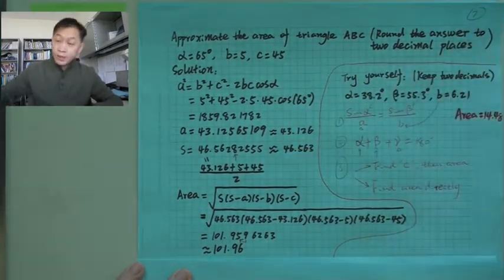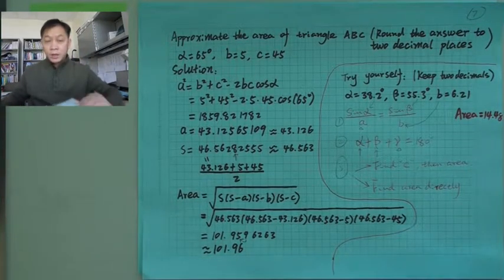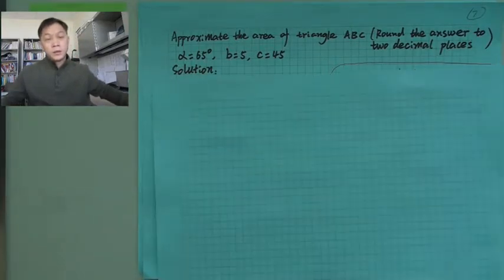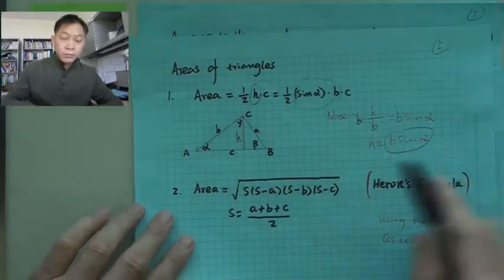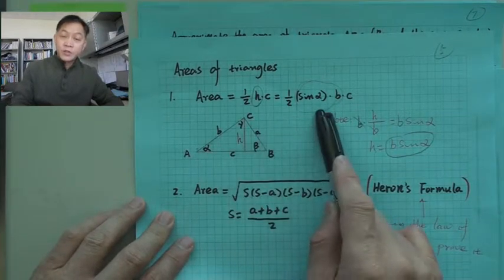There is a quick and fast way. As I said before, if you know B, C, and alpha, you can use this formula.